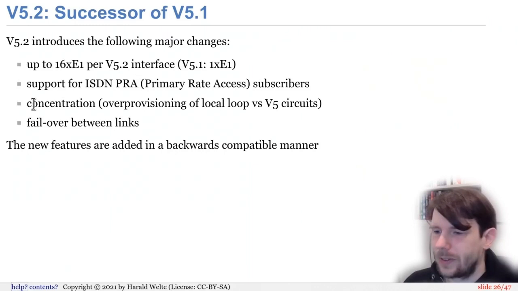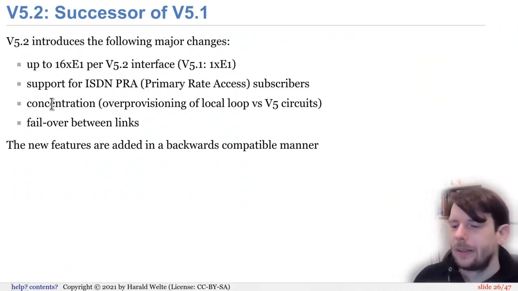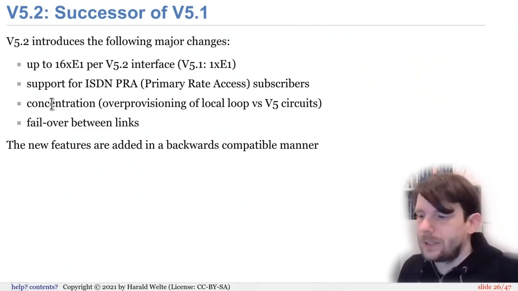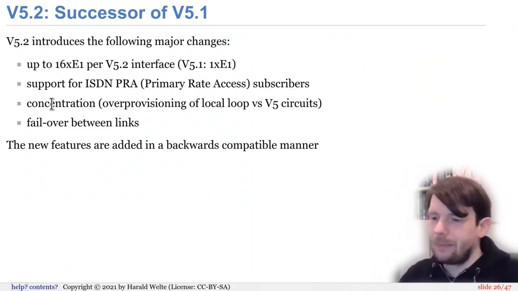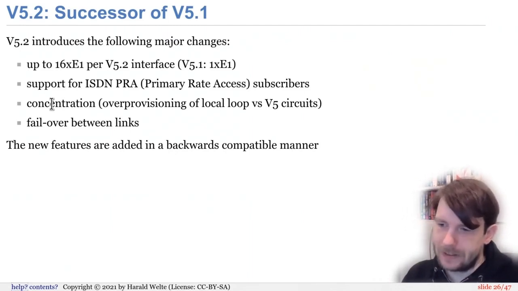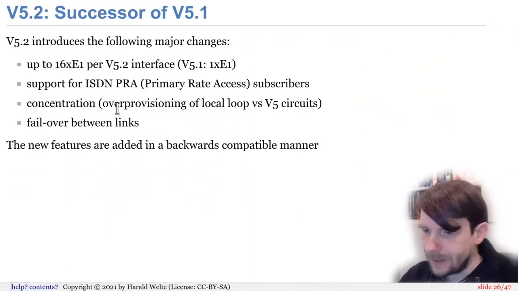And we introduce concentration features, meaning that you can have any number of subscriber loop circuits mapped to a much smaller number of B channels on the V5 interface, and they get dynamically allocated. So you can drastically increase the subscriber count by these over-provisioning concentration features.